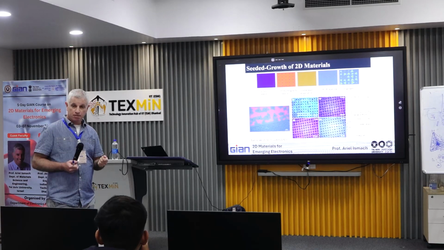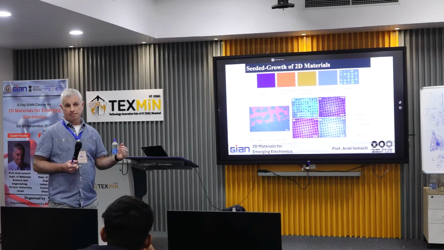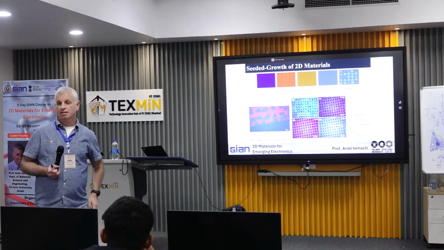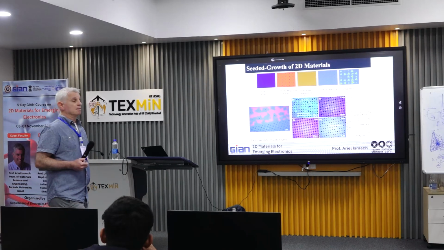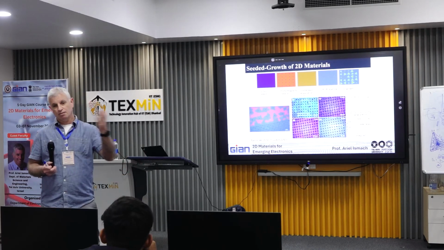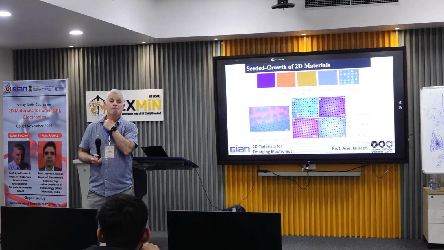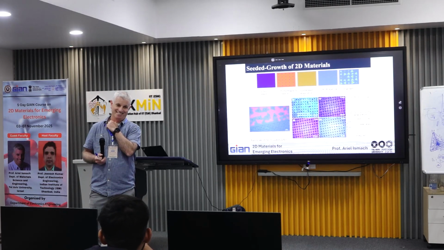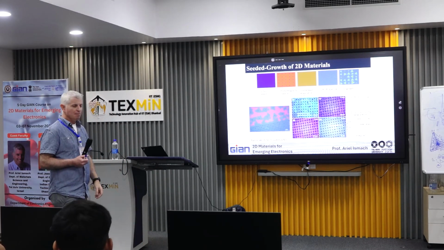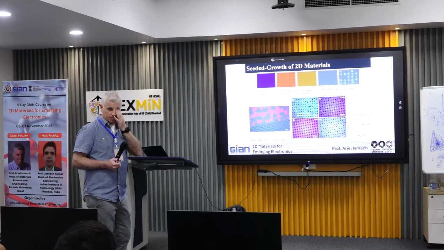Actually, people use gold as a catalytic surface for the growth of TMDs, even very large crystals, on single crystal gold. But then again, you have the same problem as with graphene that you need to transfer it. Like we used copper for graphene, we use gold for TMDs. But it's not common. It's less common than the other methodologies.